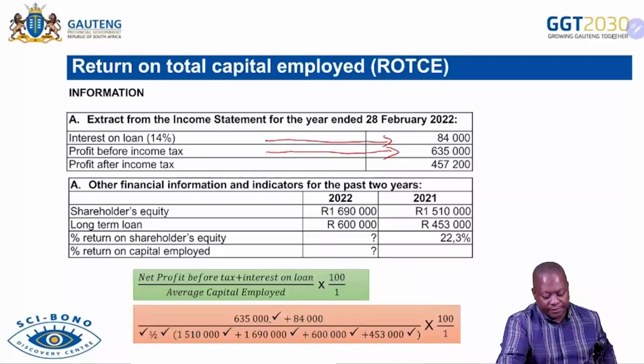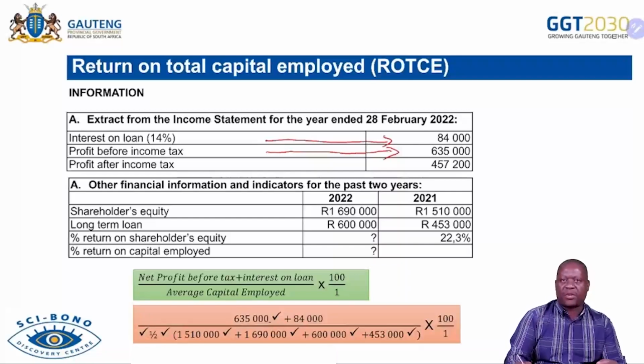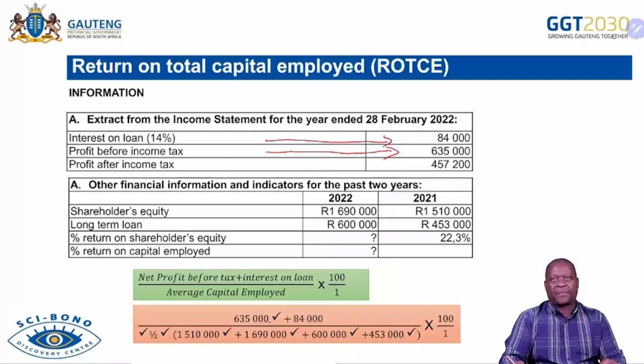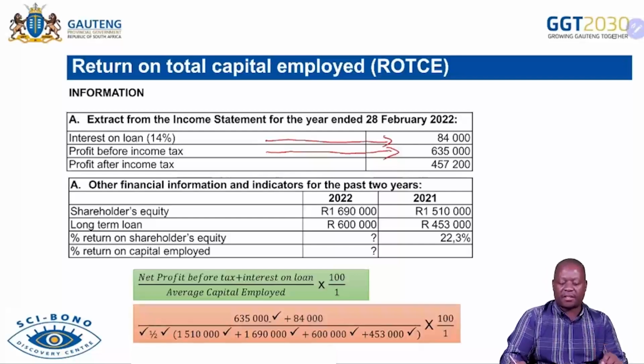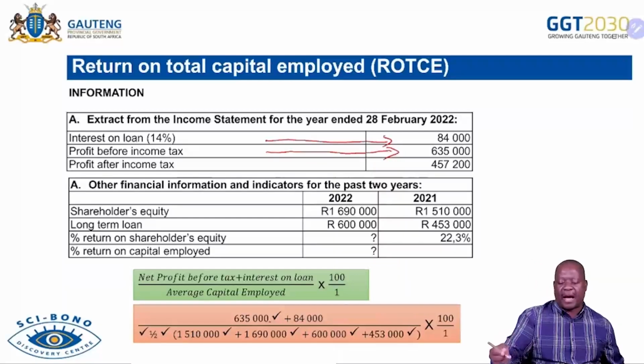635,000 plus 84,000, the numerator part. We are going to divide by half of 1,510,000, which is the opening shareholders' equity, plus 1,690,000, which is the closing shareholders' equity, plus 600,000, which is the closing loan balance, and 453,000, which is the opening loan balance.